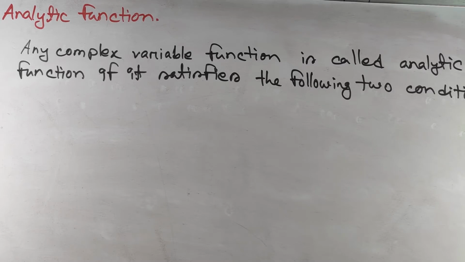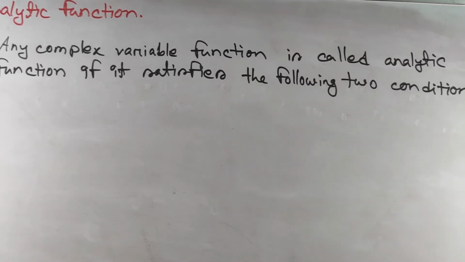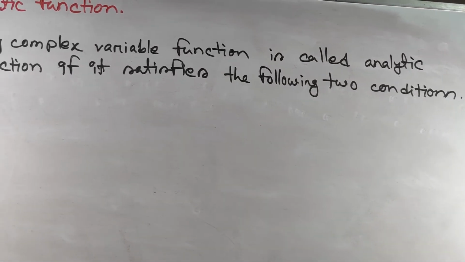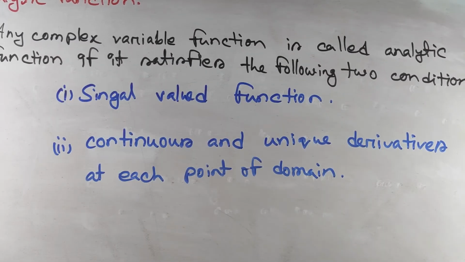Any complex variable function is called an analytic function if it satisfies the following two conditions. The first condition is that the function must be a single valued function, and the second one is continuous and unique derivatives at each point of the domain.